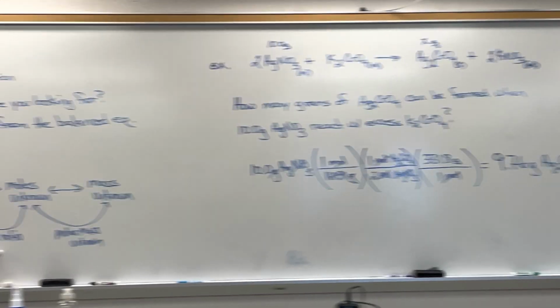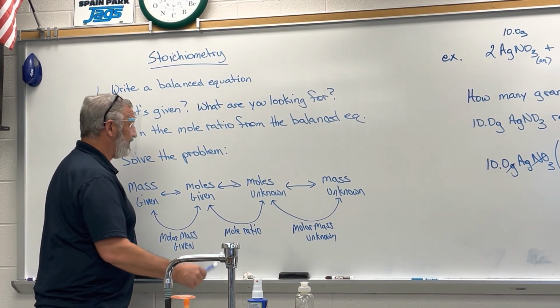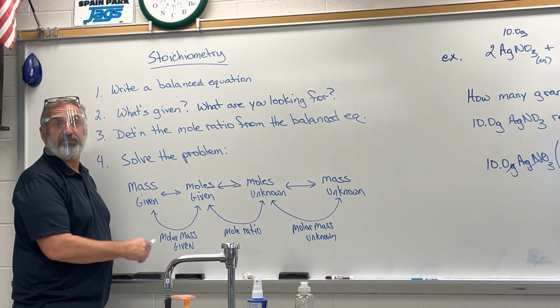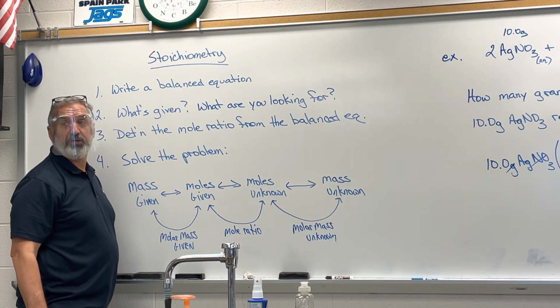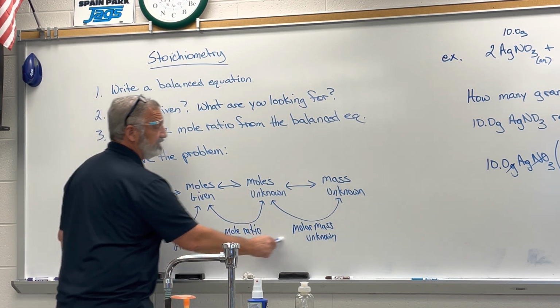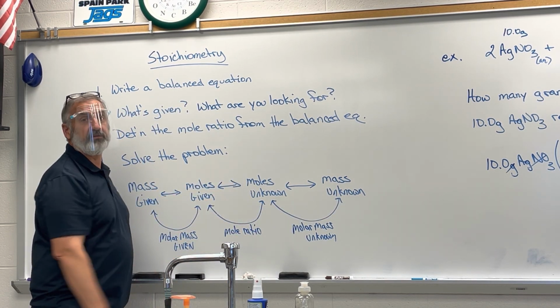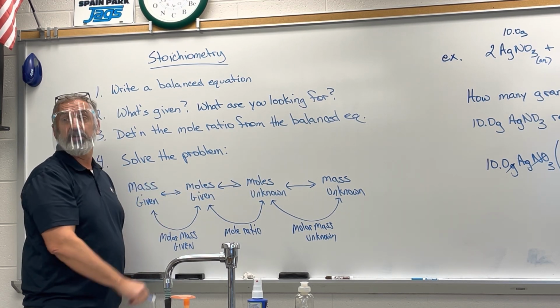Well, that means I just have to do the mole ratio. The second type is mass to moles. Mass of given to moles of unknown. So now I have 2 steps. The third one is moles given to mass of unknown. And the fourth one is the whole thing. But the reality is, it's just where am I starting, where am I ending on all of these.